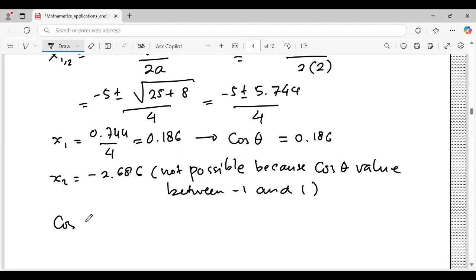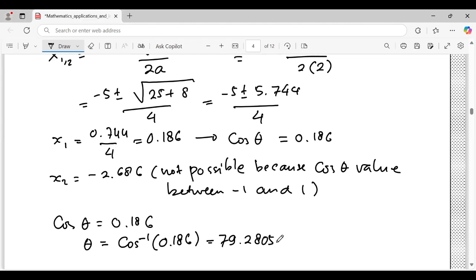If cosine theta equals 0.186, it means theta equals arc cosine 0.186, which is 79.28056.